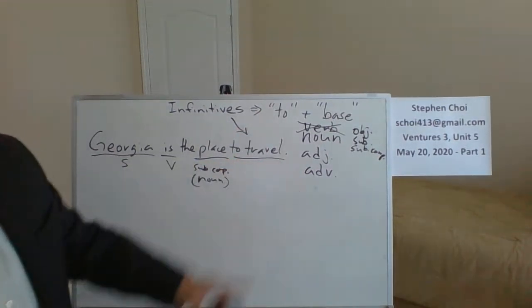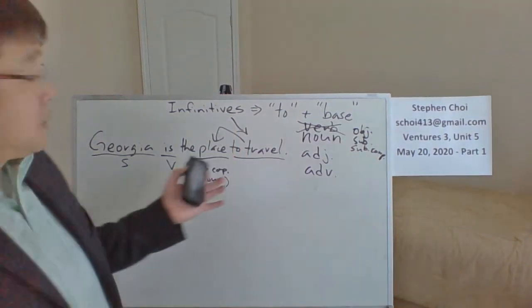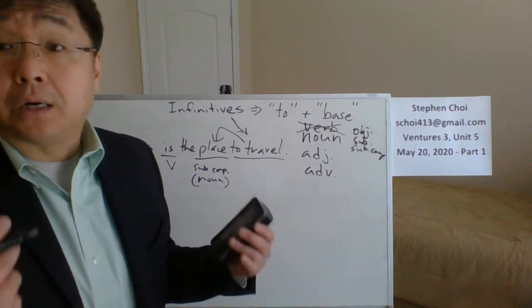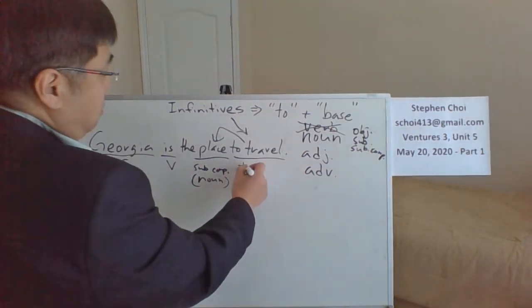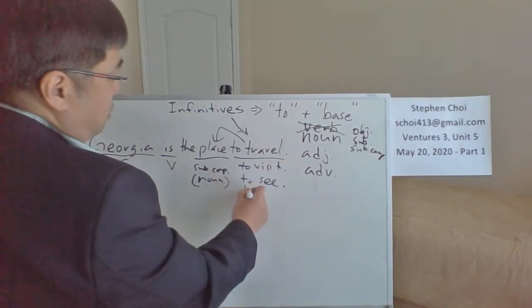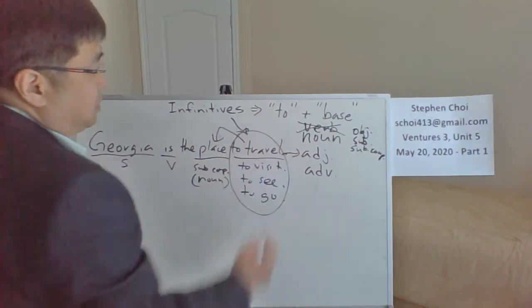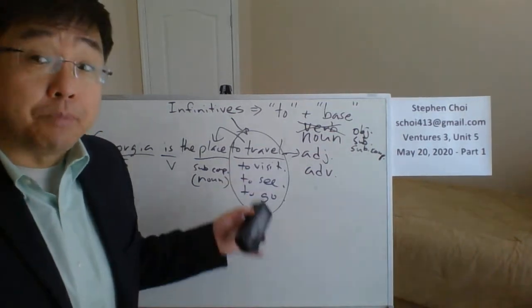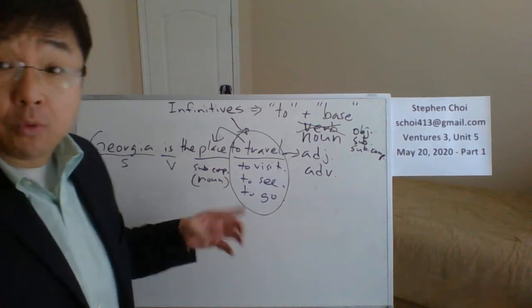So what is that "to travel"? It's describing the place. What kind of place? It's the kind of place to travel. Or you could say to visit, whatever, or to see, or to go. So these would all be adjective infinitives, infinitives being used as adjectives, describing place.